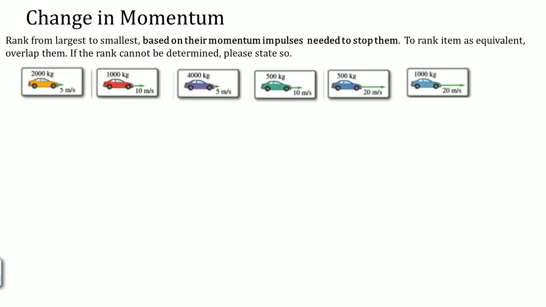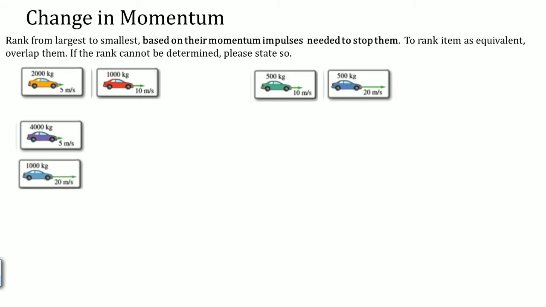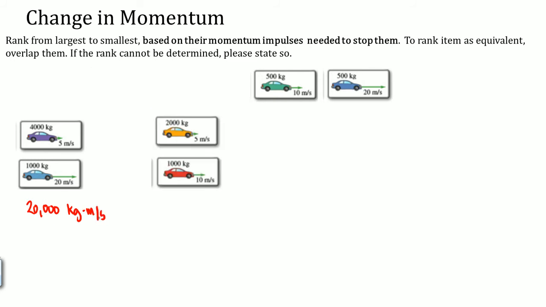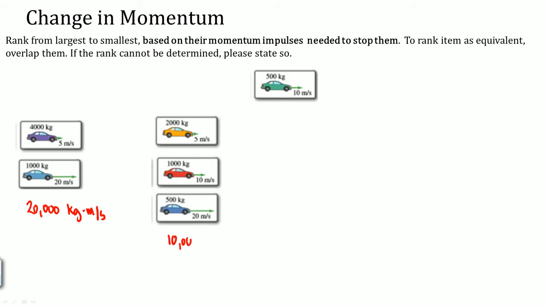Now you want to rank the change in momentum for these needed to stop. I'm going to give you the answer. This is 200 kilograms times meter per second, there are 3, which is at 10,000 kilograms times meter per second.